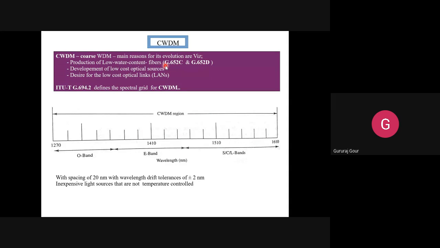Another standard that we are using, G.694.2, is going to define your CWDM, which supports not only the O and S, C, L bands as DWDM was supporting, but now it also supports the E band. The spacing is 20 nanometers with the wavelength drift around plus or minus 2 nanometers, by design, because the light sources here are not temperature controlled.